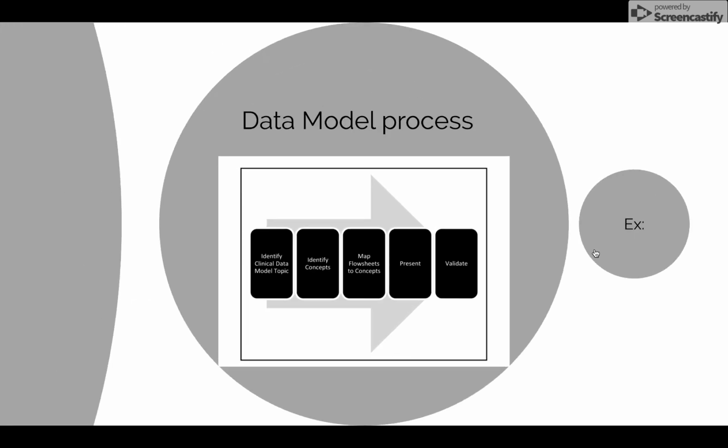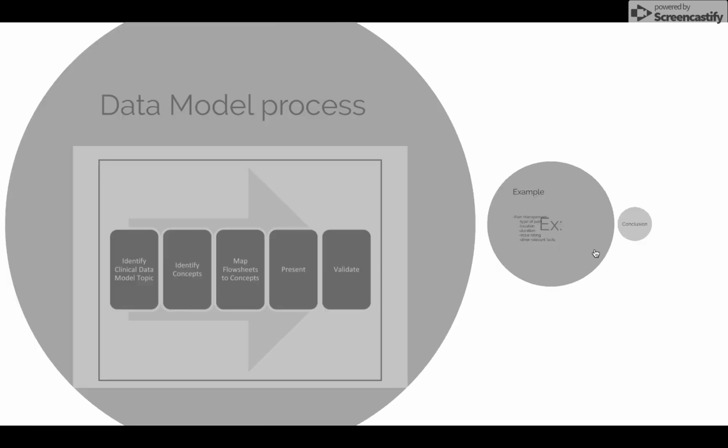This is a picture of the data model process. You identify clinical data, identify the concepts, you map it out, you present, you validate. So this is all to reduce the amount of work to get everything on the same page. So you would map that vomit and emesis are the same, that stool and bowel movement are the same.